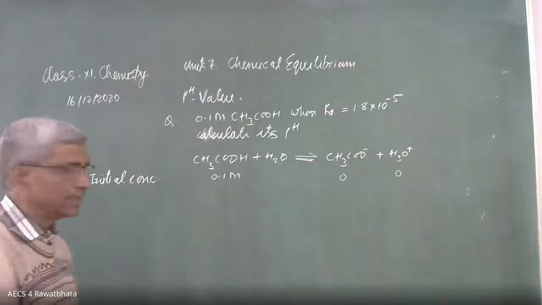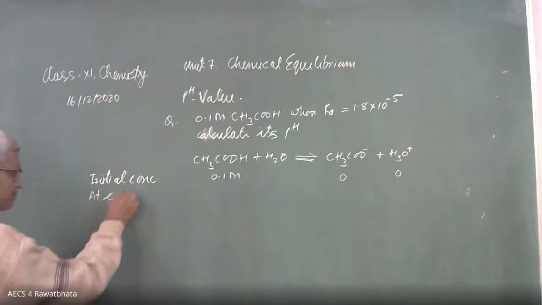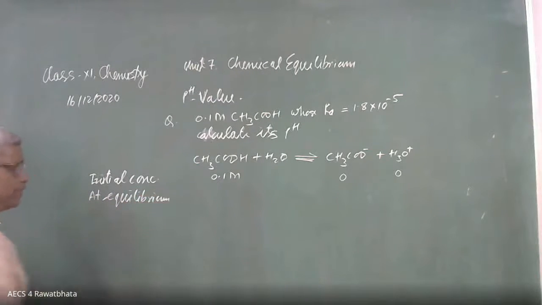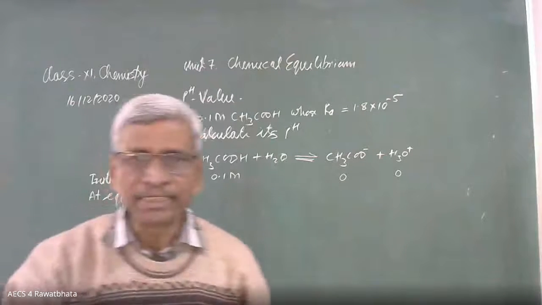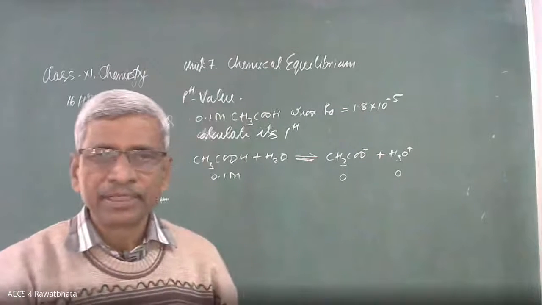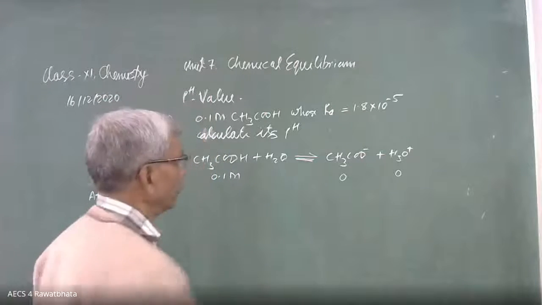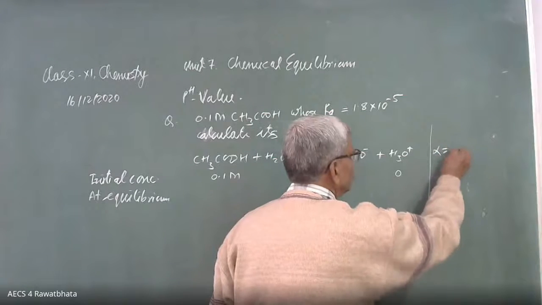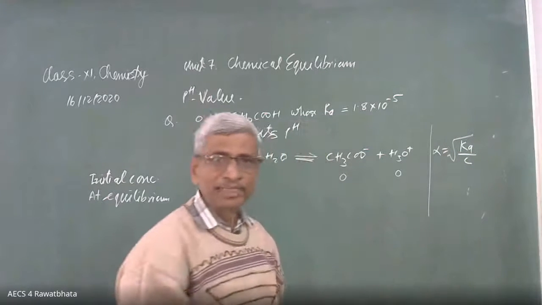Okay, beta. At equilibrium, the concentration will be... You will remember, we have discussed degree of dissociation, alpha. Alpha is equal to root over Ka by C. Do you remember this concept?